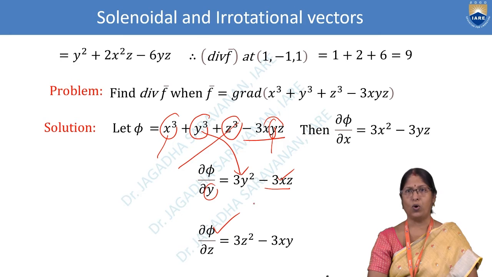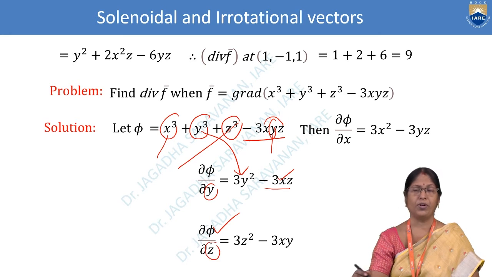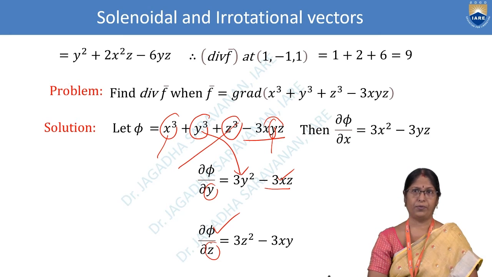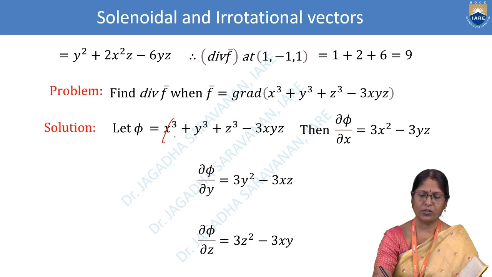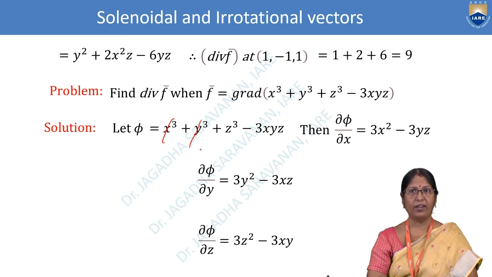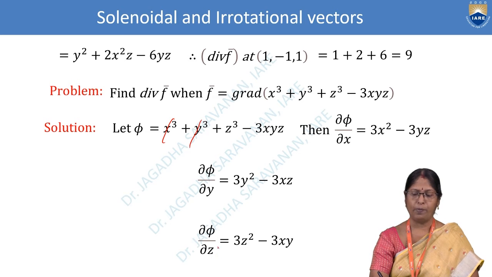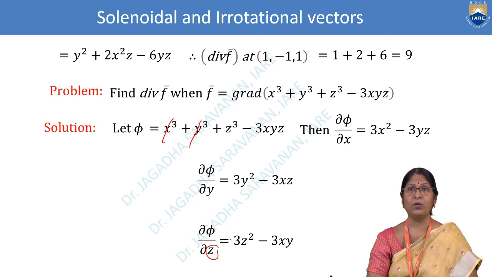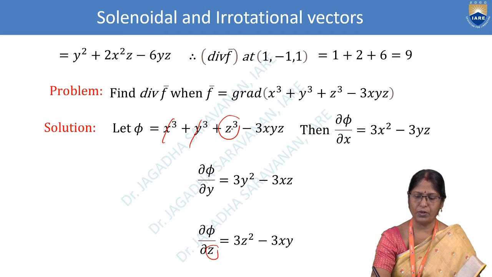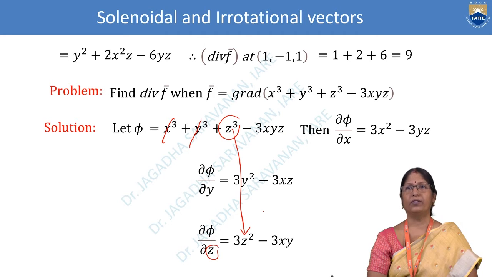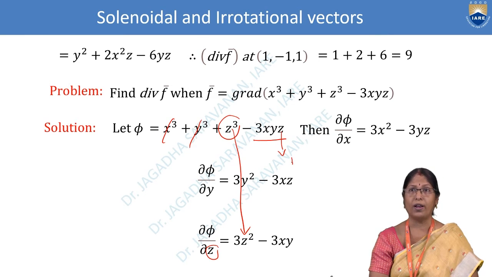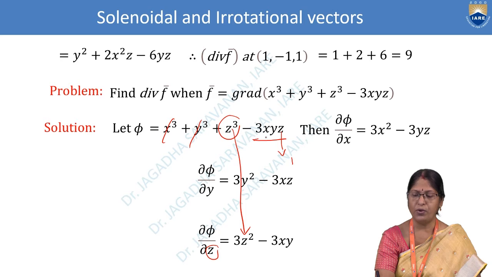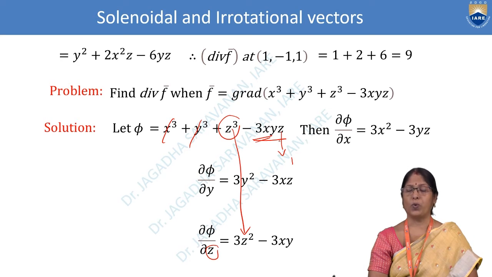Now we focus on partial differentiation with respect to z. X cube and y cube we are neglecting for the partial differentiation with respect to z. So this z cube has become 3z square. Here the z differentiation is 1, and 1 into minus 3xy has become minus 3xy.